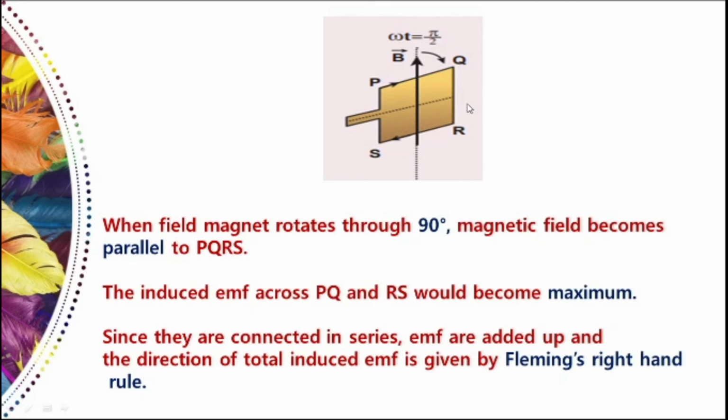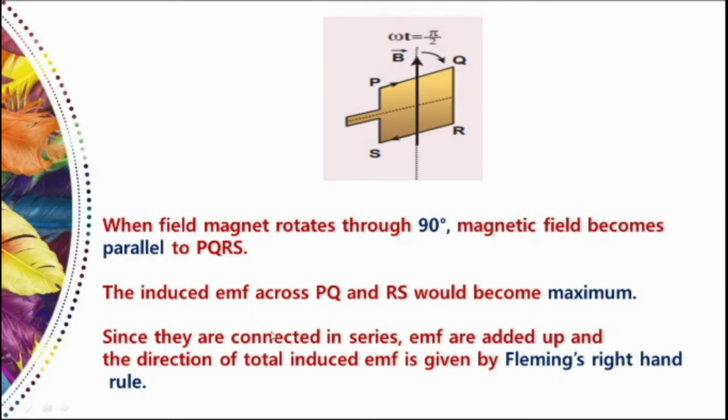Why is it maximum? We can say they are connected in series. All armature conductors are connected in series to form a single circuit, and so EMFs are added up and the direction is given by Fleming's right hand rule. Care has to be taken while applying this rule.